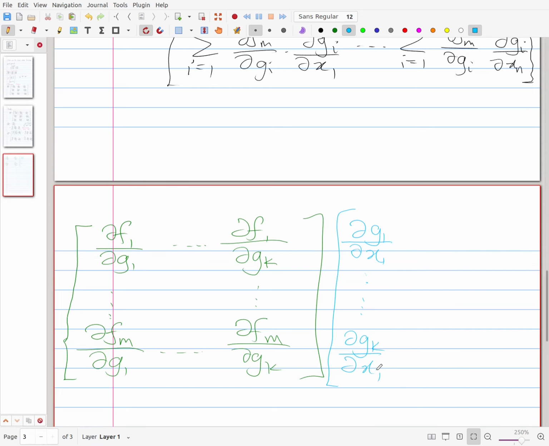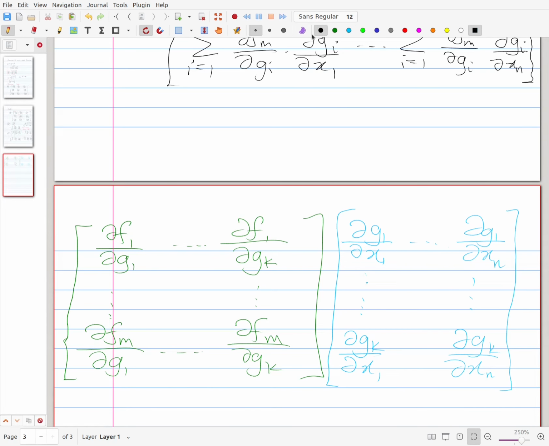The next column would be all of the partials with respect to X2. And then in the last column we have the partials of G with respect to the last component of X, which is Xn. Like that.